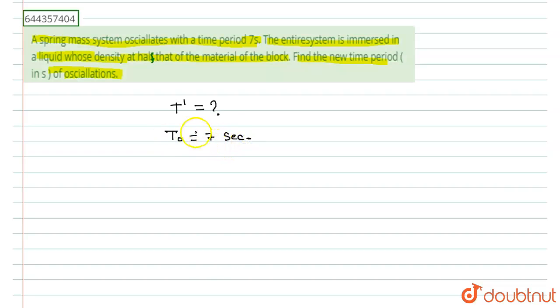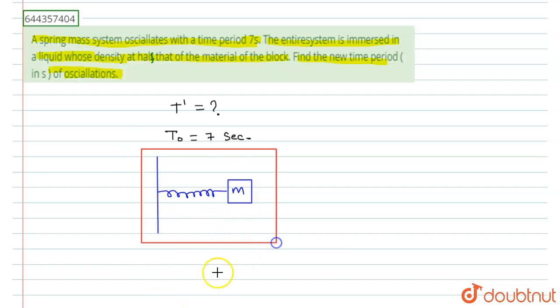Clear? Now according to this question, this is a spring mass system. Let us consider this mass is m and the whole system is immersed in the liquid, and the liquid density is given as half of the block.